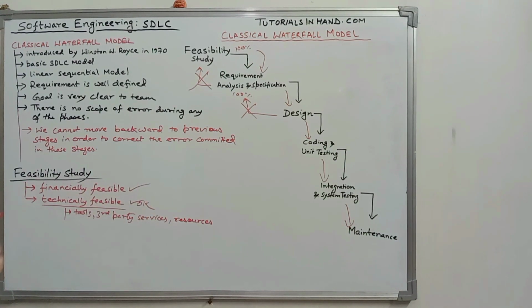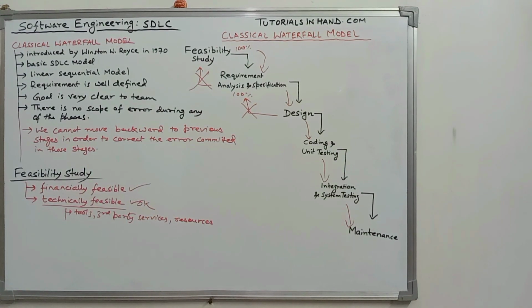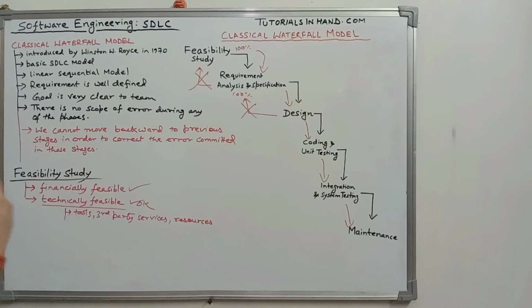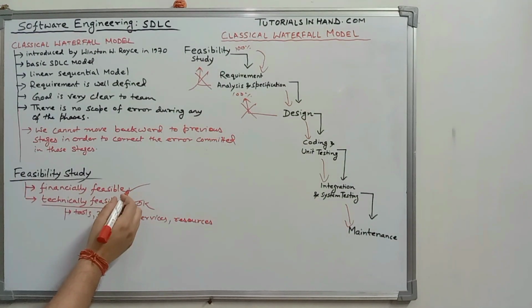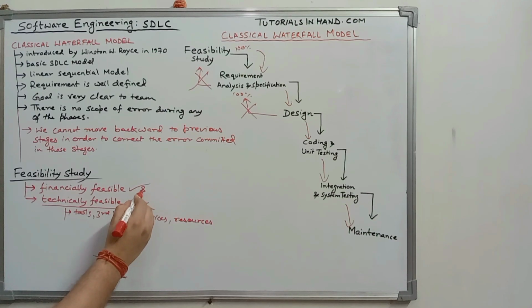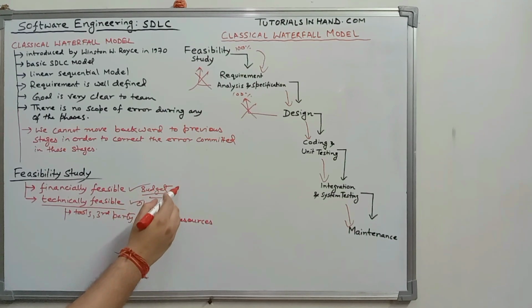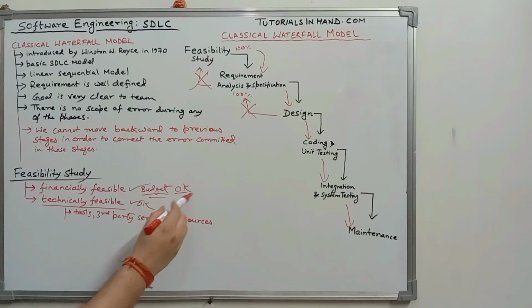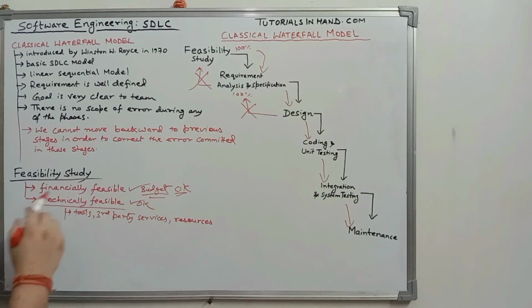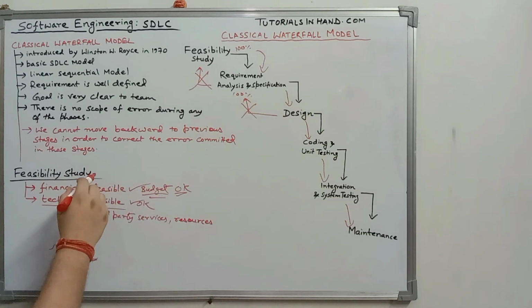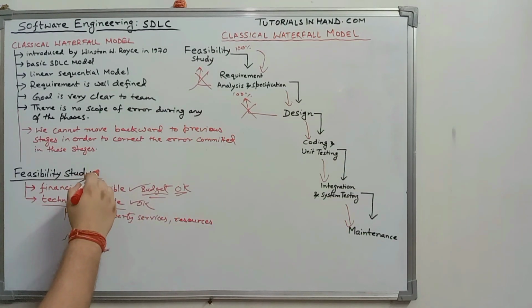That means whether the budget that has been provided by the company requesting this software is available or not to create this software. When both of these are found to be okay, then we say that this feasibility study phase is okay.